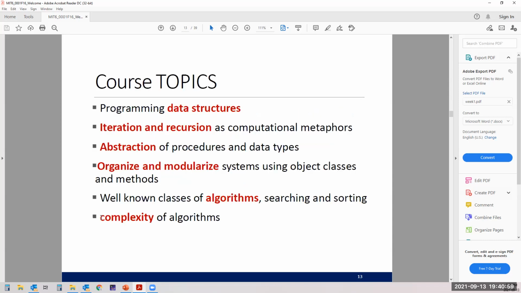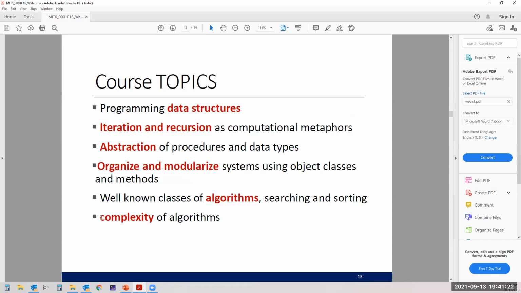So, course topics. In this course, we will learn programming principles, programming data structures, iteration and recursion as computational metaphors. What do we mean by abstractions of a procedure and data types?